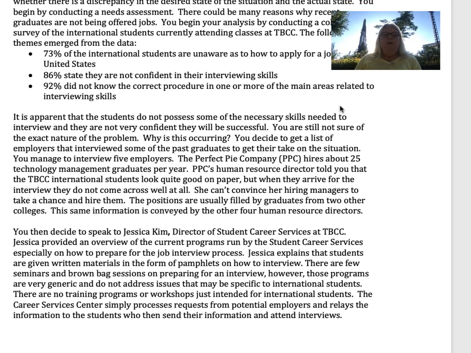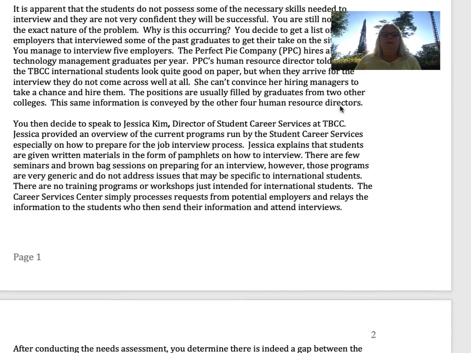So we further want to investigate this by interviewing some of the companies that they interviewed with that did not hire them. Okay, so we talked to 5 employers. The Perfect Pie company tells us that they look really good on paper, but then they arrive, they just don't come across well.